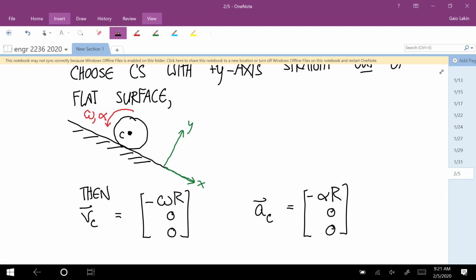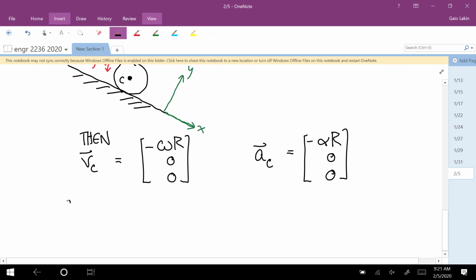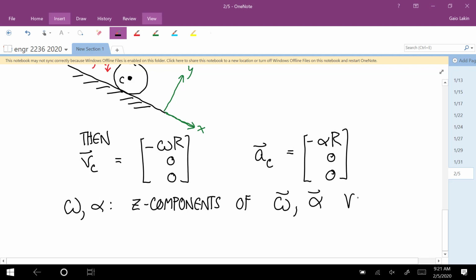You can think of those also as, so omega and alpha are the z components of the angular velocity and angular acceleration vectors.